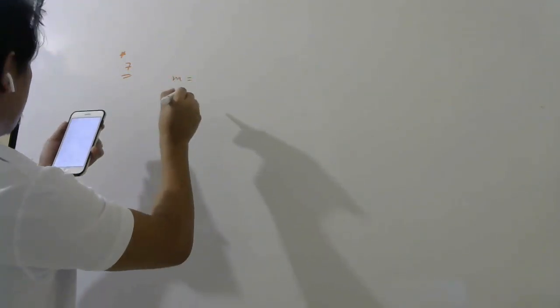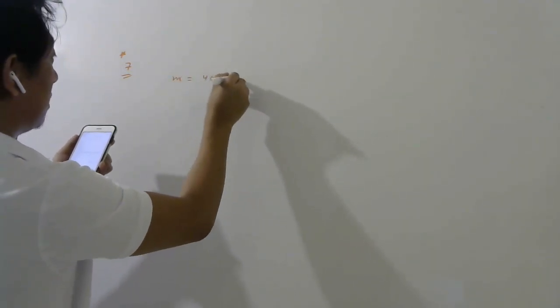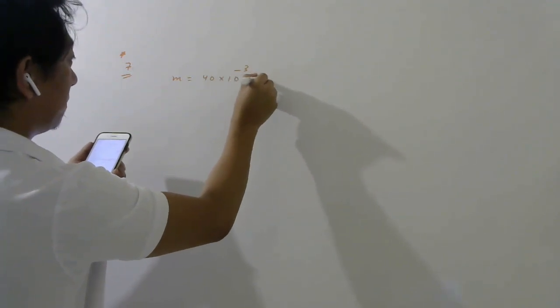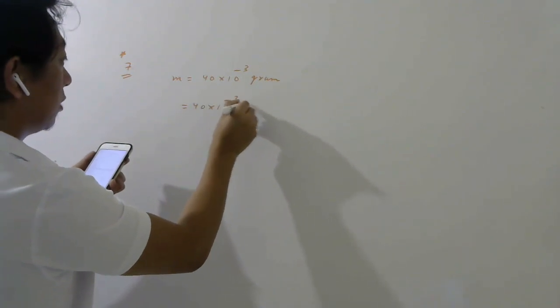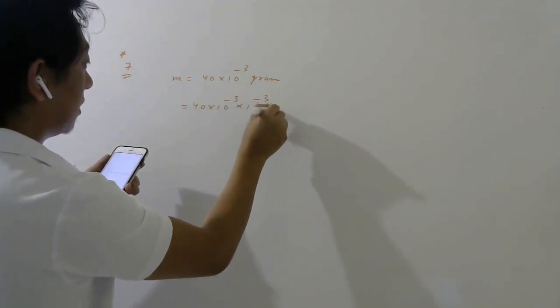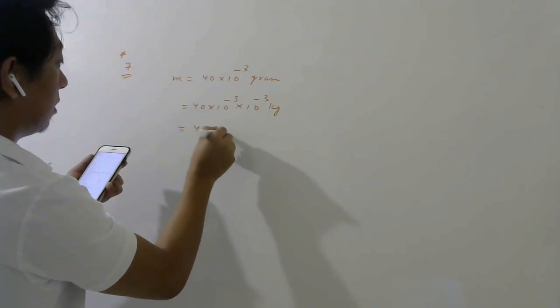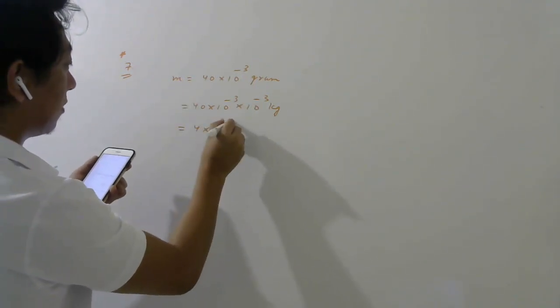Now let us see the next question, question number 7. This is also a good question. Question number 7 says a pendulum of mass 40 milligram. 40 milligram means 4 into 10 power minus 2 gram, and converting to kg, the mass is 4 into 10 to the power minus 5 kg.